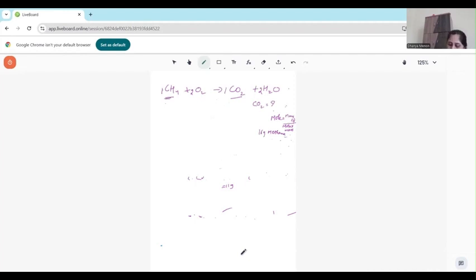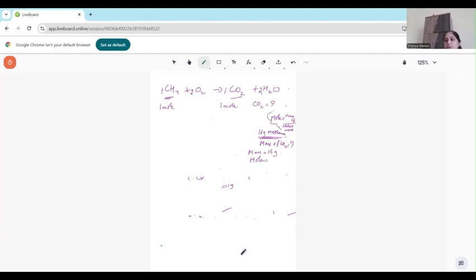You need to find out the mass of carbon dioxide from the equation. The stoichiometric coefficient 1 we consider as mole. Assume 1 mole of methane is reacting to give 1 mole of carbon dioxide. But we already know the mass of methane is 16 grams. Can we know the moles of methane? Do we have the formula in our hand?